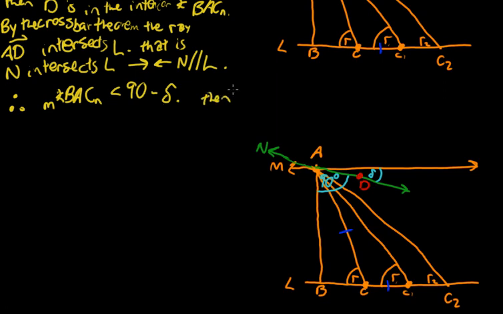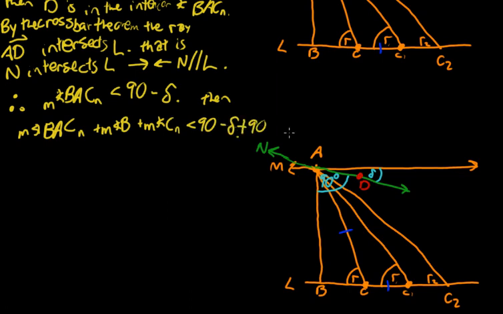So then, the measure of angle BAC sub n plus the measure of angle B plus the measure of angle C sub n is less than 90 minus delta plus 90 plus delta, and all that equals 180.